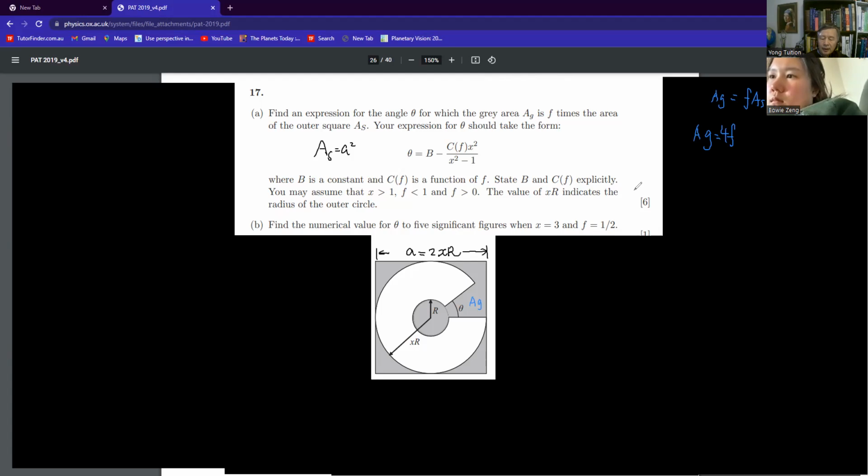Yeah, it's actually just an addition or subtraction of this area, right? So that is AG, or AS rather, AS. Okay, how can we find the gray area, the shaded area?